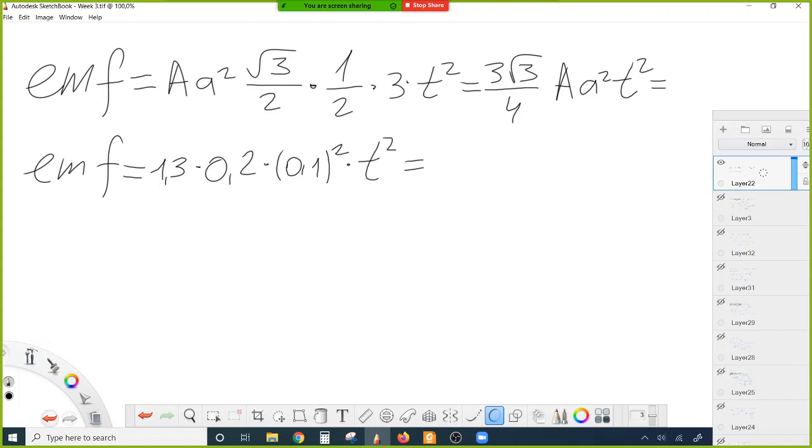So it is simple, 1.3 by 0.2 by 0.1 by 0.1.